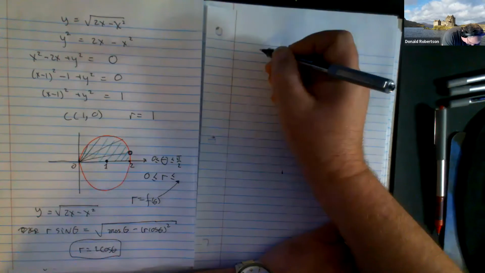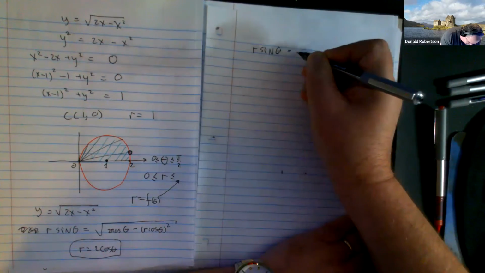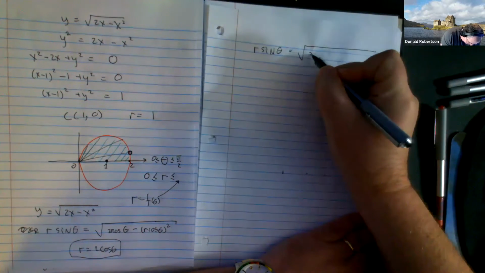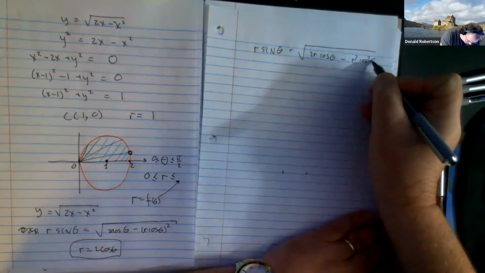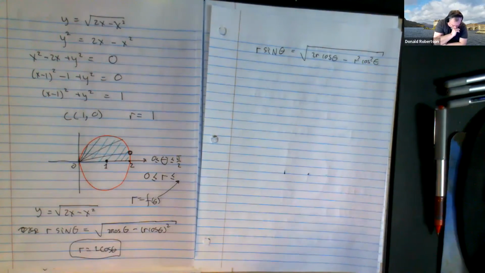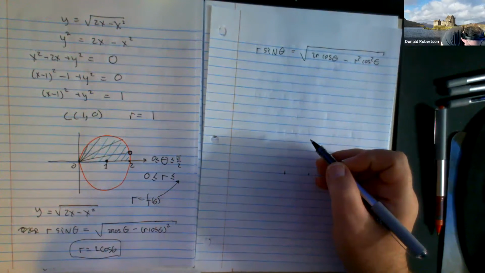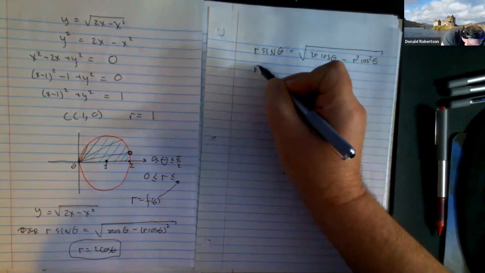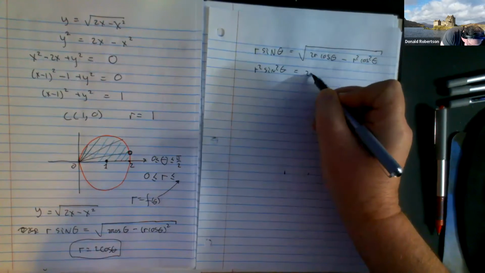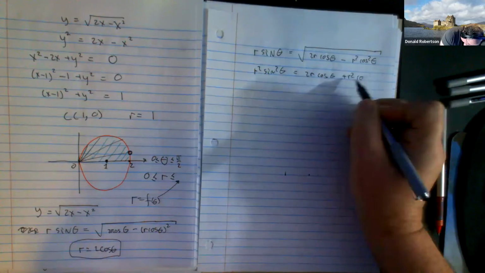Well, I'll try. R sine theta, 2r. I like questions I've never seen before. I got that guy. What did I do? Square both sides. Okay, that sounds like a good start. That's a minus, by the way.